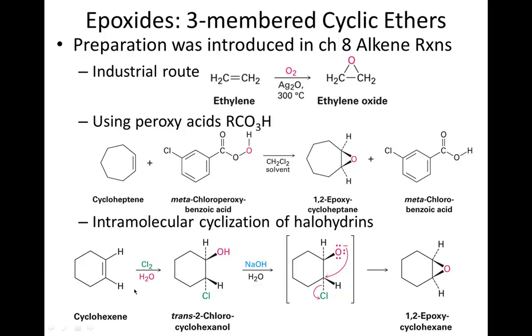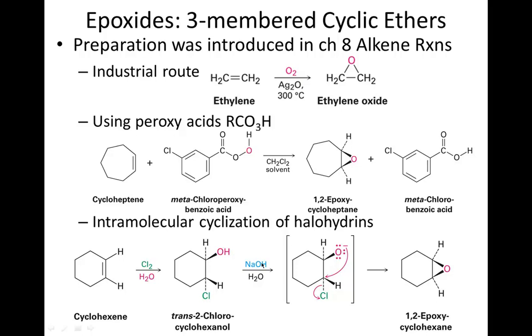Or you could make a halohydrin. Now the halohydrin came from an alkene, and so here you go. This is actually an intramolecular Williamson ether synthesis. So when you use the base, and by the way, sodium hydroxide is strong enough because you've got this halogen, which is pulling electron density toward itself, making this more acidic.